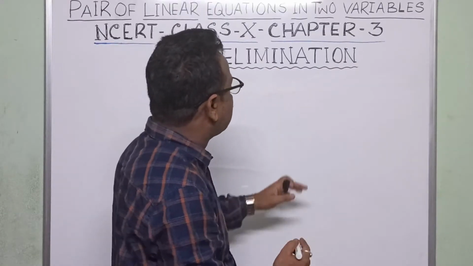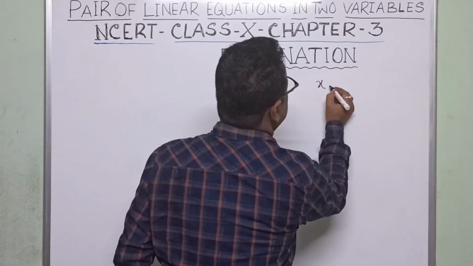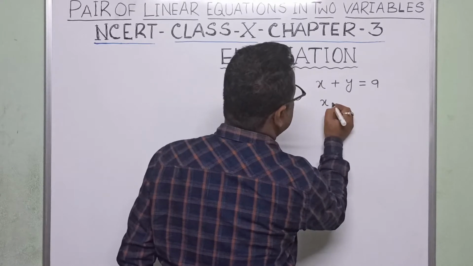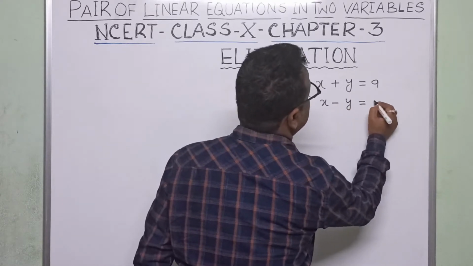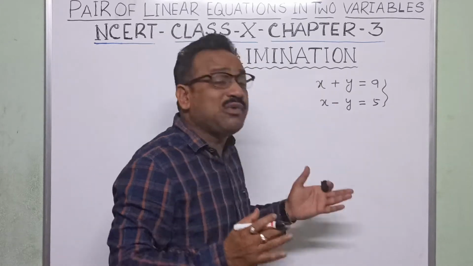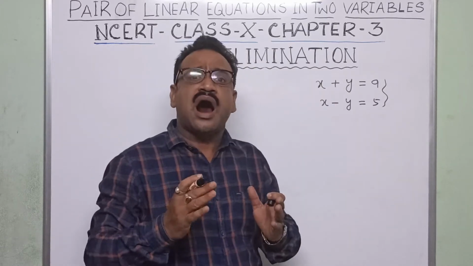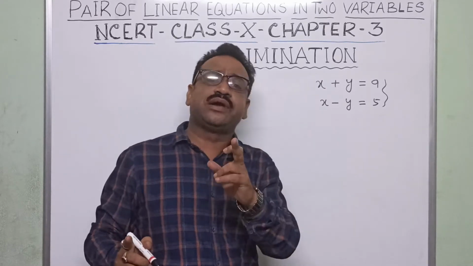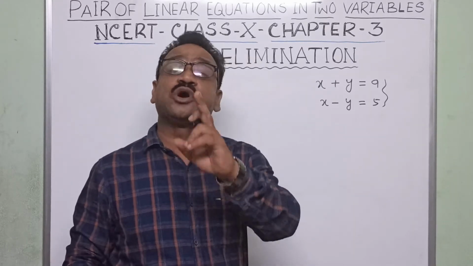Now we'll take one example. Let us see. x plus y is equal to 9 and x minus y is equal to 5. So this is a pair of equations. Any one variable I will eliminate. You can eliminate any variable of your convenience, of your choice.